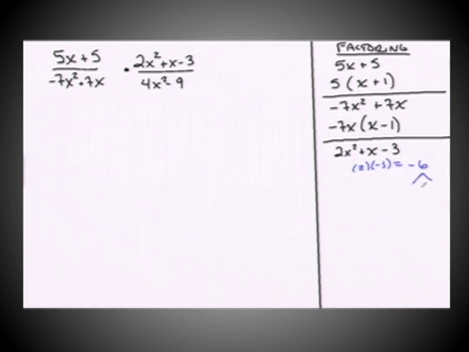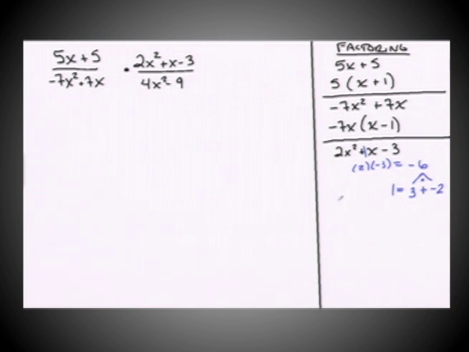Now I'm looking for the factors of negative 6 that add to make positive 1, which is b. That positive 1 comes from the understood coefficient on the bx term. And in thinking about the factors that multiply together to make negative 6 but add to make positive 1, I come up with positive 3 and negative 2.